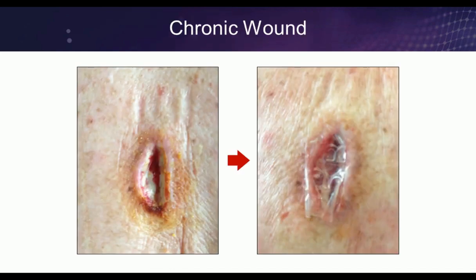This is to show you some of my patients in whom we've had very good experience. This is a chronic wound in a patient that has multiple comorbidities. So those were addressed. The wound was debrided. Bacterial bioburden was managed. And then here you can see that we applied a Purion processed dehydrated human amnion chorion membrane.